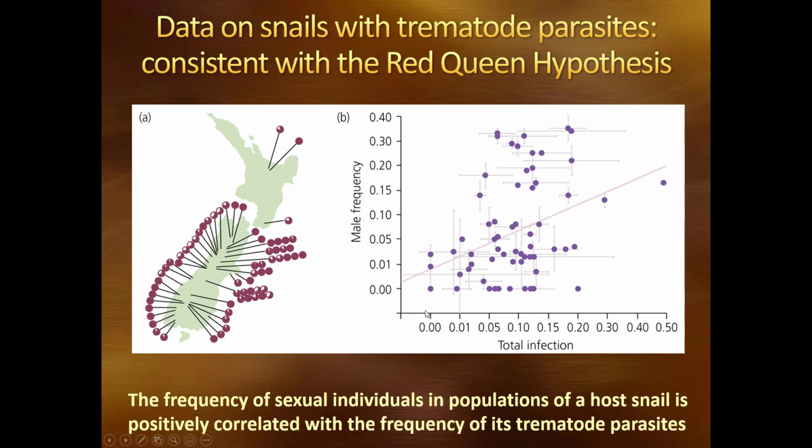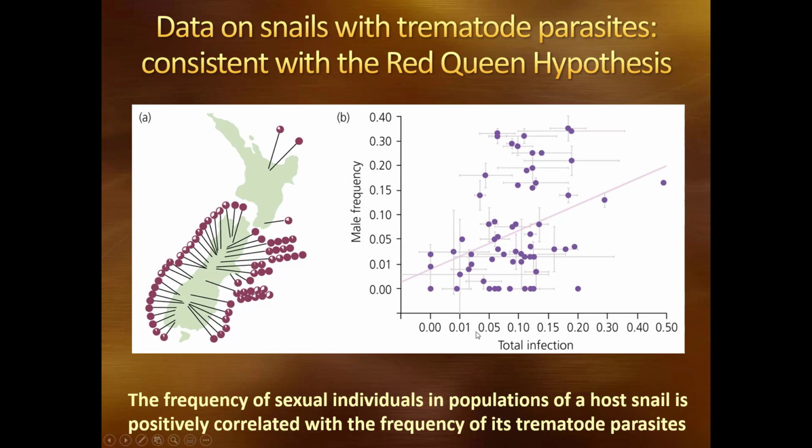And what you're seeing is a very nice positive correlation between the rate of infection and male frequency. So remember we said before that sometimes we think sexual reproduction is a mechanism that has evolved that allows organisms to respond to variable and stressful conditions. And that's what we're seeing here.